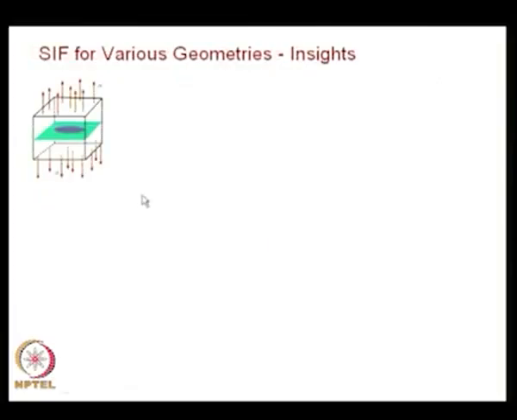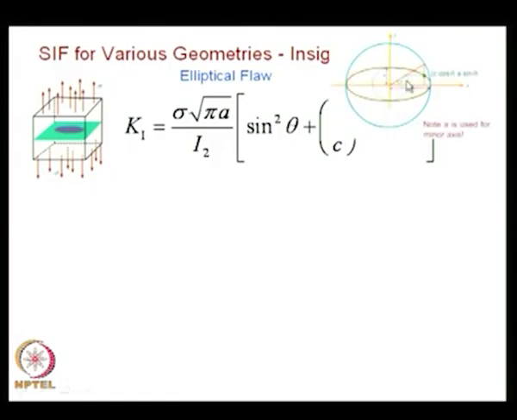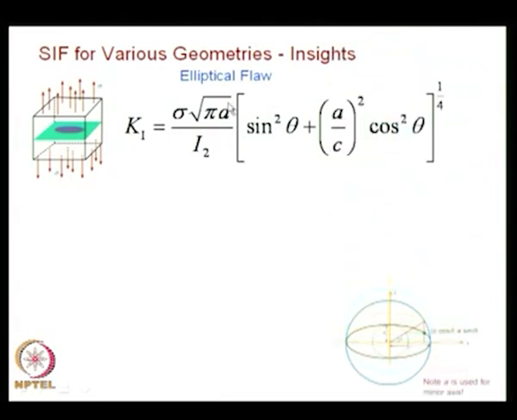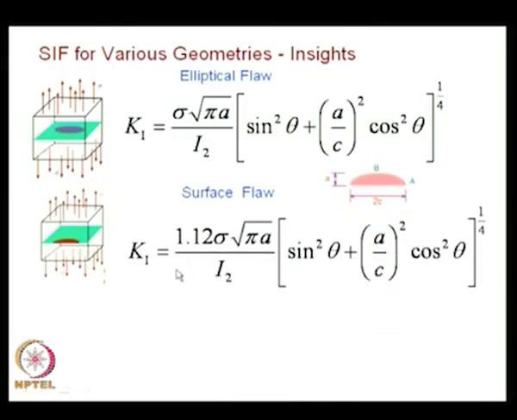And we have also looked at stress intensity factor for various geometries, the insights. We started with elliptical flaw embedded. We have also looked at the definition of how to locate the point theta on the boundary of the ellipse. From this, we have graduated to a surface crack, wherein you compare it with an edge crack.